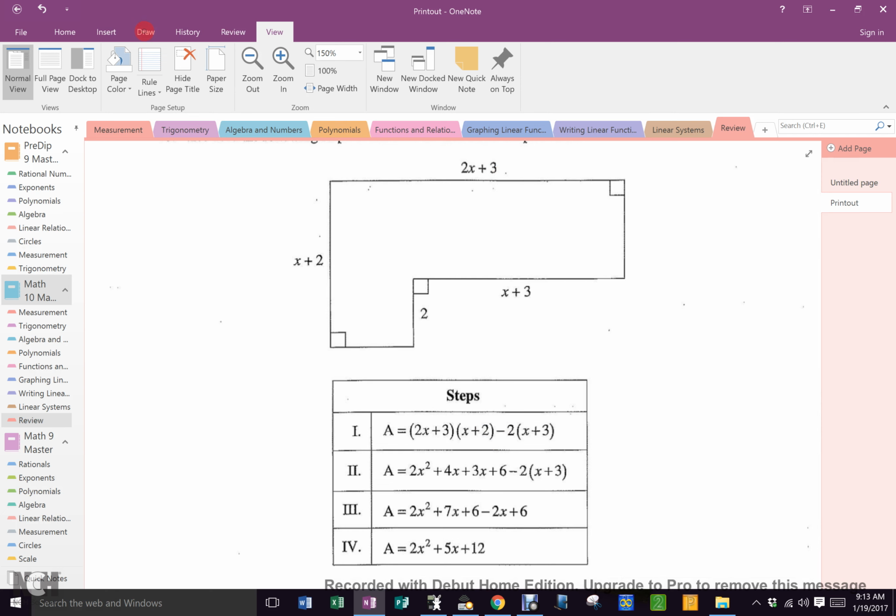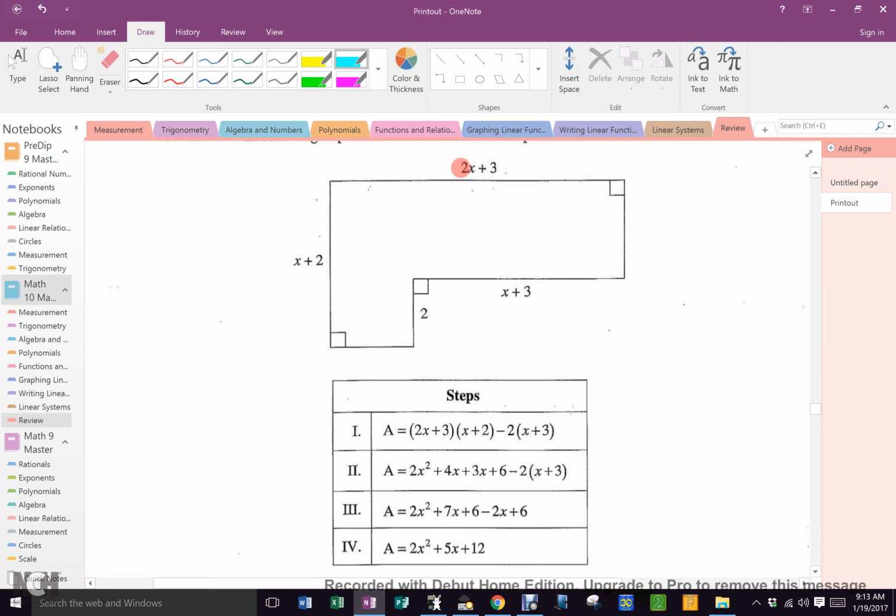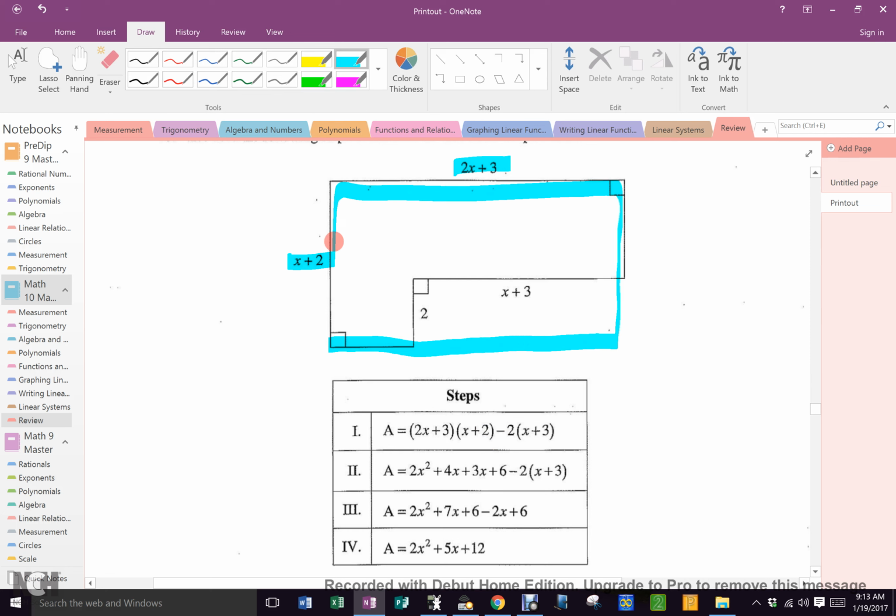So he's saying it is that by that. And that is going to give you this whole area, isn't it? Right? So he's done that right there. Everyone agree? And then he has subtracted this, yeah? Because that's not part of it. Minus 2 times x plus 3.